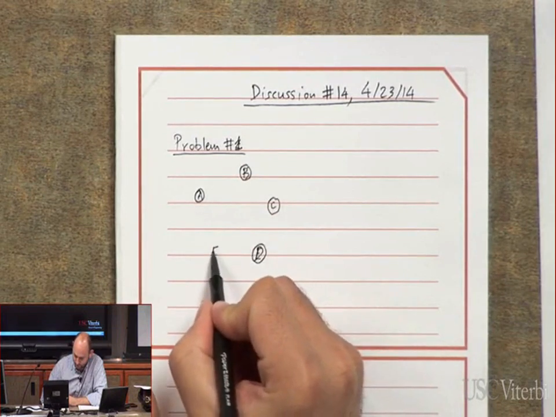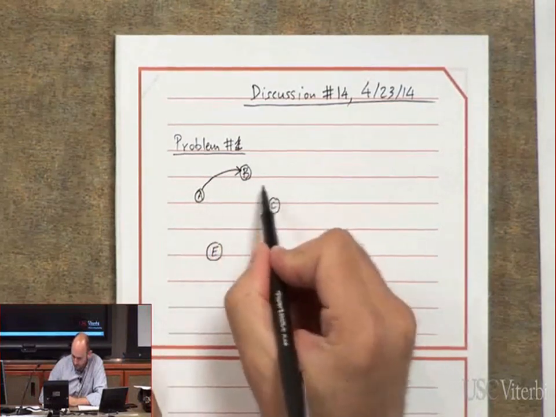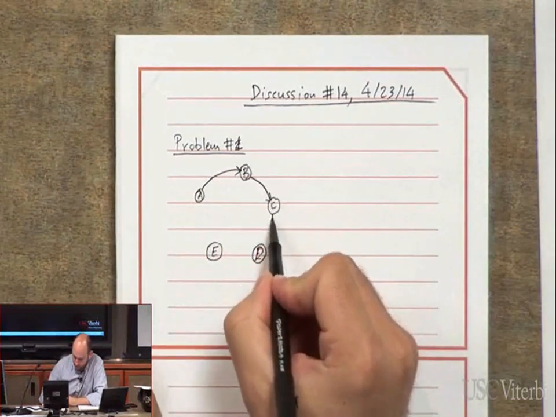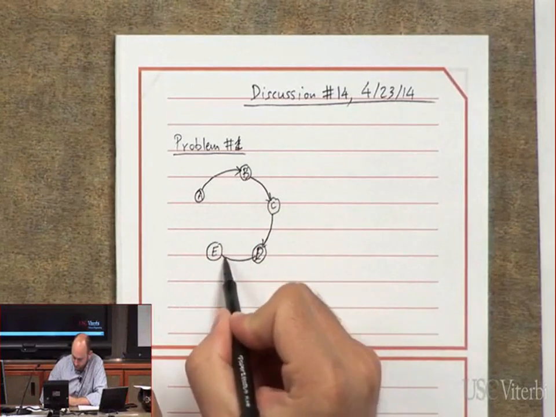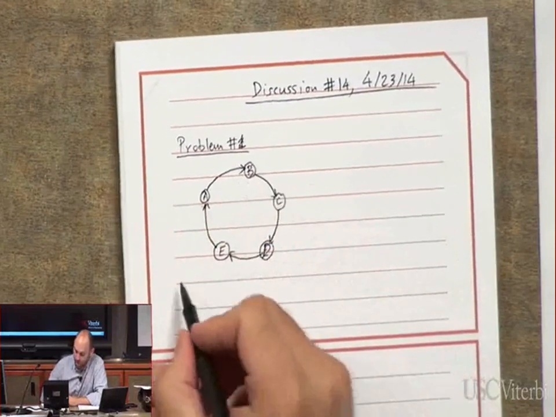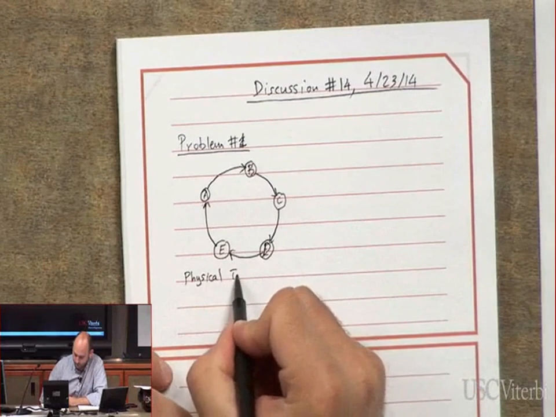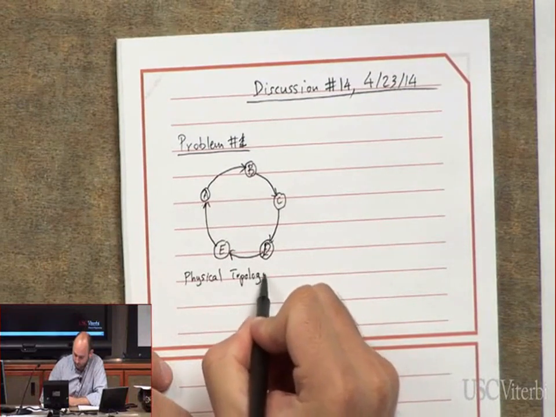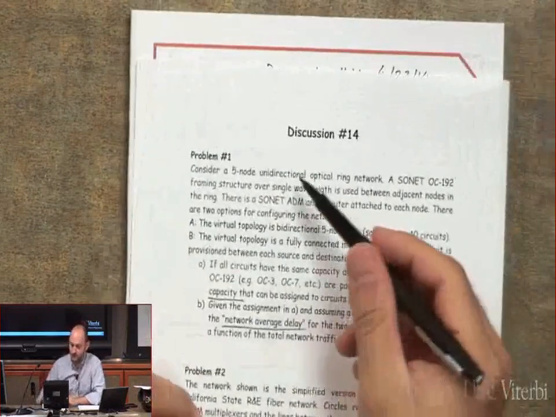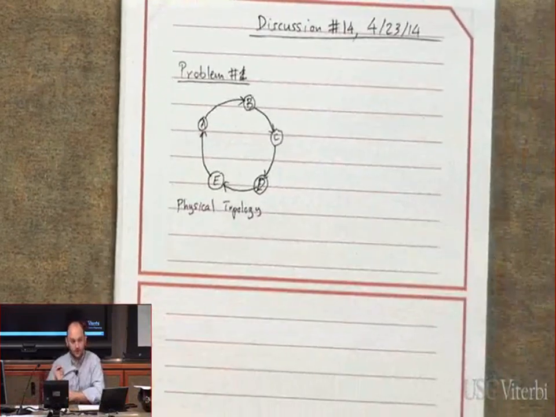E. All right. Okay, that's the physical topology. Why is that? Because it's a 5-node unidirectional, okay, optical ring network. Now, how is using this?